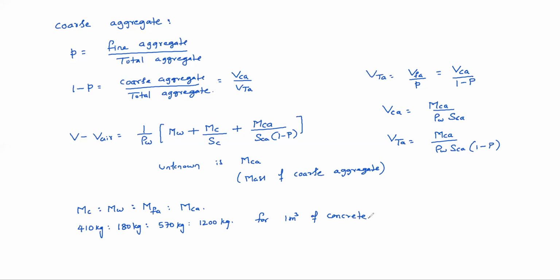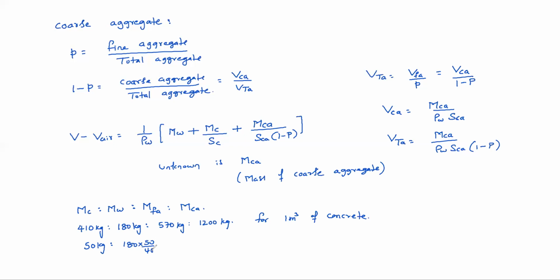So a weigh batcher will be there with you. For one cement, this can be converted. For every batch, suppose 50 kg of cement we are using. So 180 should be multiplied with 50 and divided with 410.